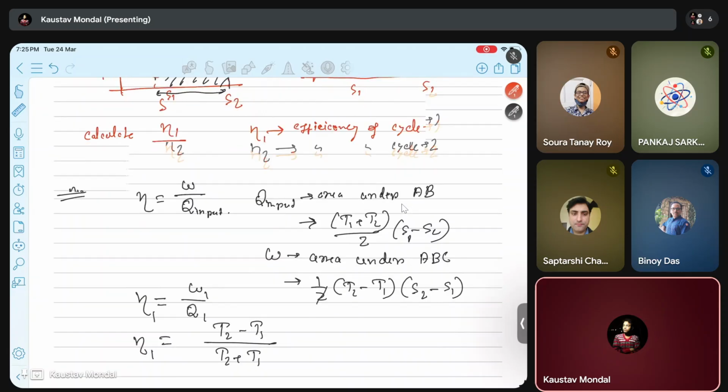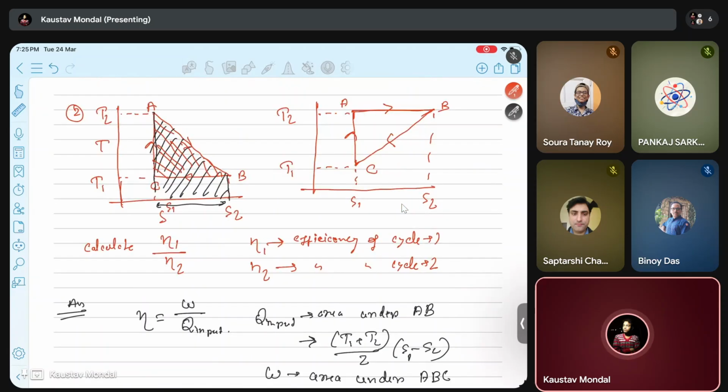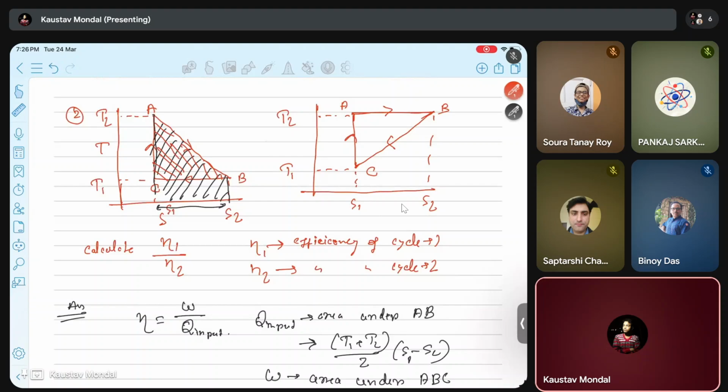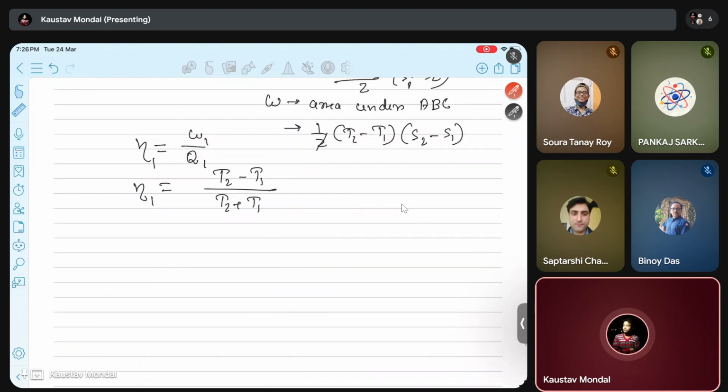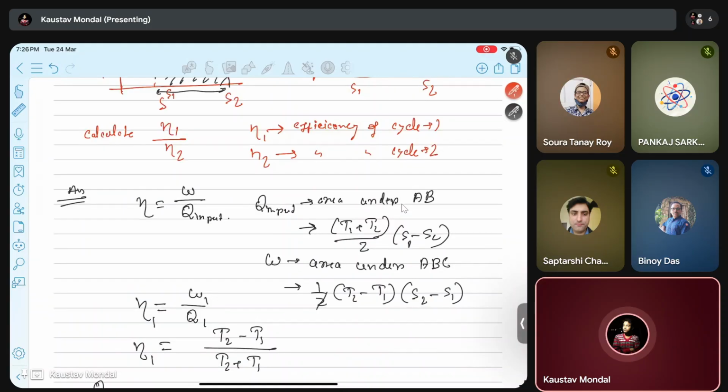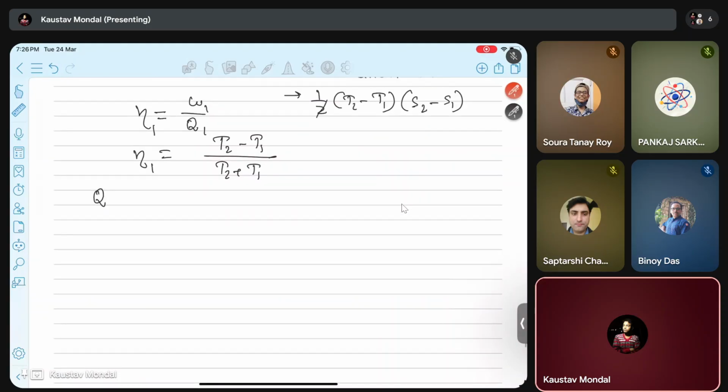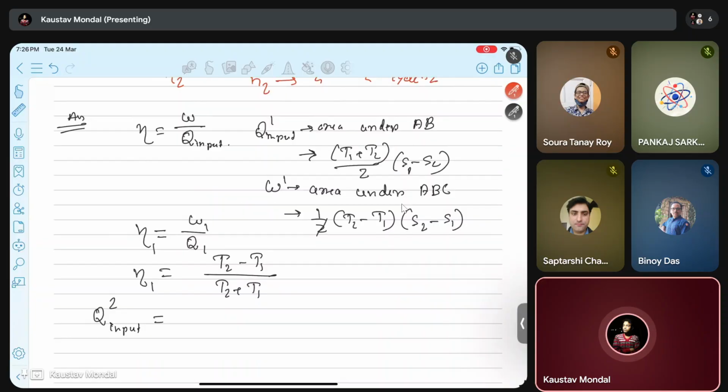Similarly, for the case of the second cycle, let's denote Q input 1 and W1, and here it's Q input 2. What is the Q input 2?